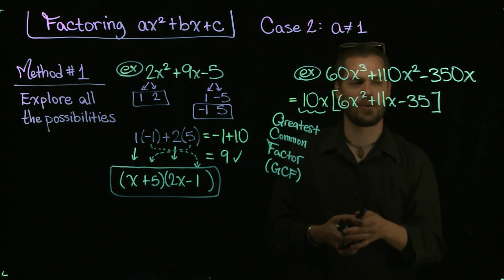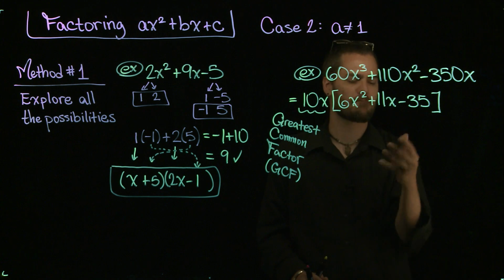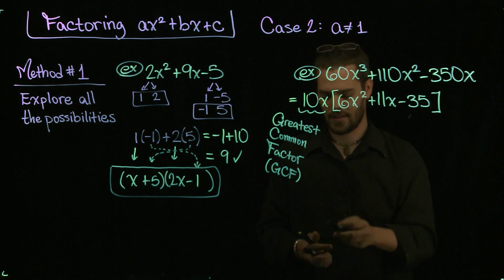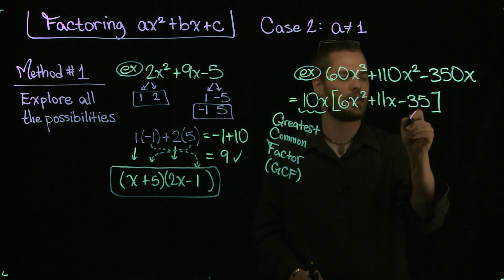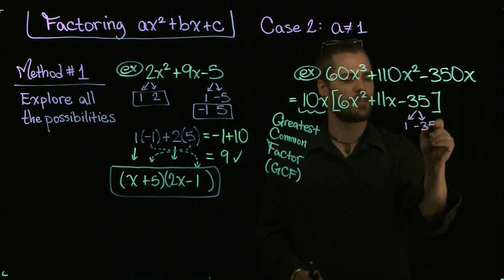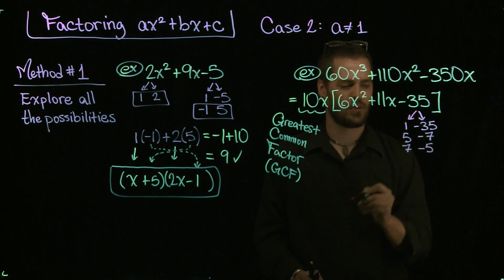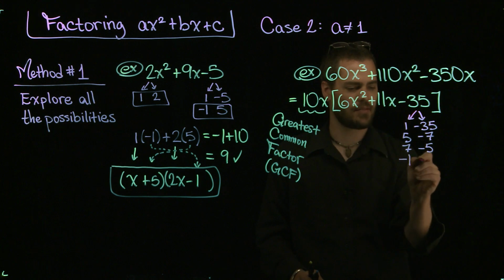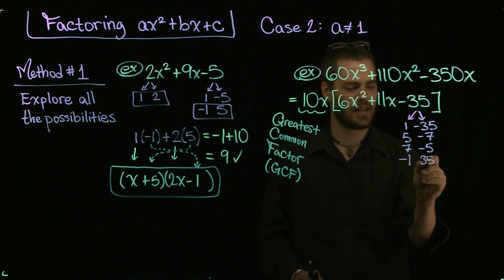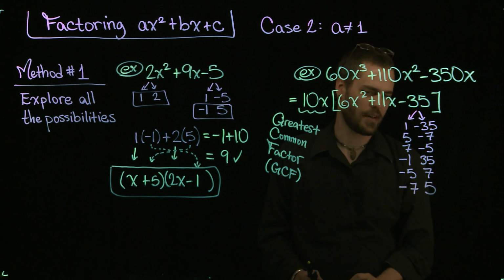So now I'm going to focus on this trinomial on the inside of the brackets here, looking at the factors of -35, which are 1 and -35, 5 and -7, 7 and -5, and the other way around. -1 times +35, -5 times +7, -7 times +5.